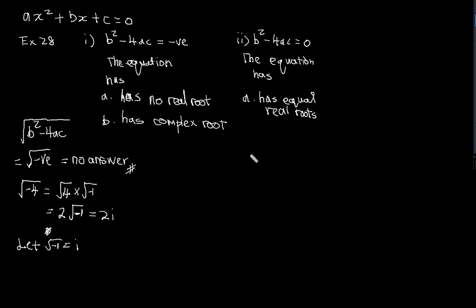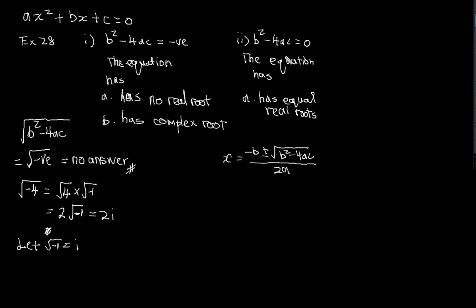Let's look at the quadratic formula. x equal to minus b plus minus square root of b squared minus 4ac over 2a.